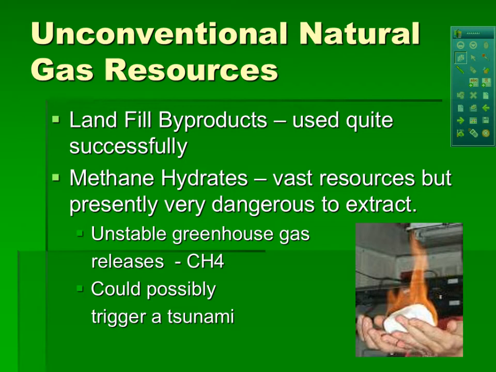The methane hydrates, lots of resources, but we don't have a good way to get it out at this point. Very dangerous. So methane hydrates are generally under the water, right? This is like the hydrothermal vents, pulling it from there, but very unstable to release it, to recover it, and could have some potential really bad environmental effects.